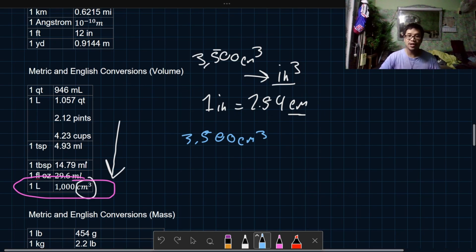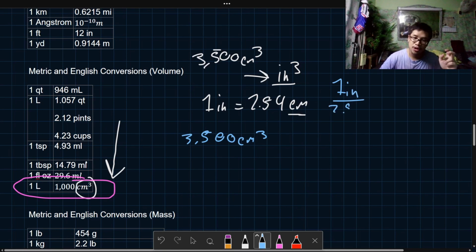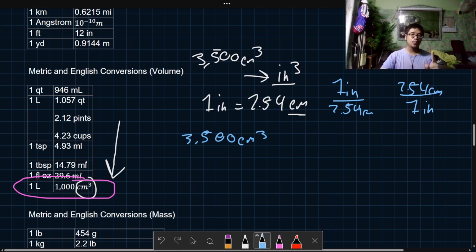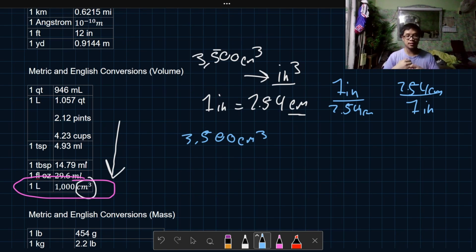Again, dimensional analysis: you will have two fractions, either 1 inch all over 2.54 centimeters or 2.54 centimeters all over 1 inch. Which one would you pick, where if you multiply it with 3,500 cubic centimeters, the cubic centimeters will be cancelled?